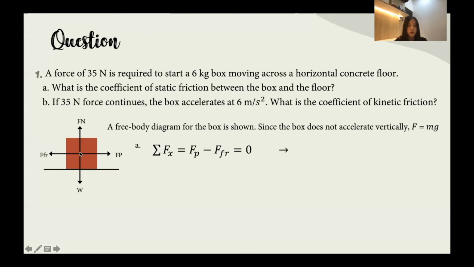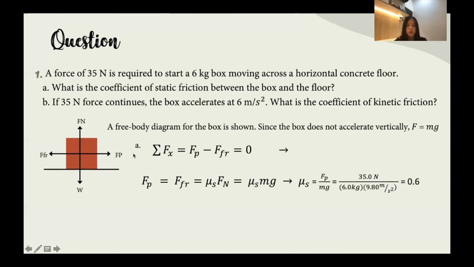Next, we move the friction force to the other side, so the applied force is equal to the friction force. Because the box is assumed to be static initially, the friction force can be written as the coefficient of static friction times the normal force.